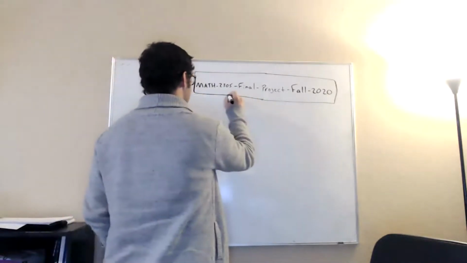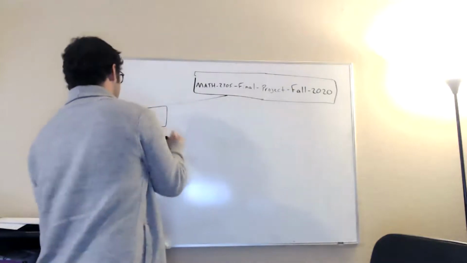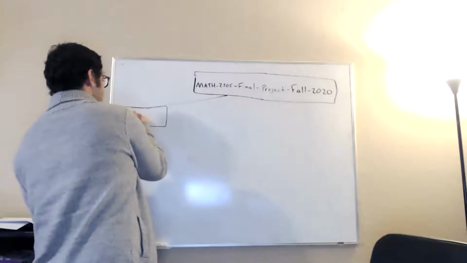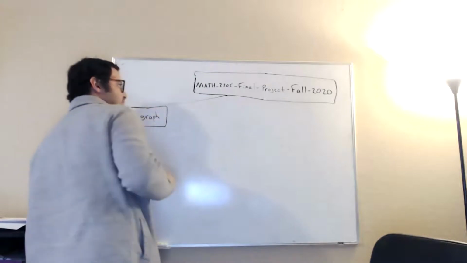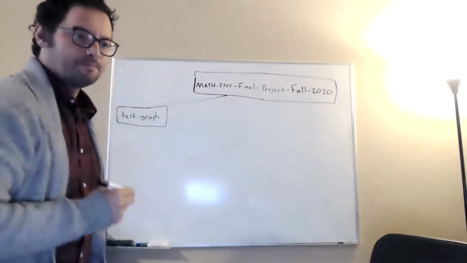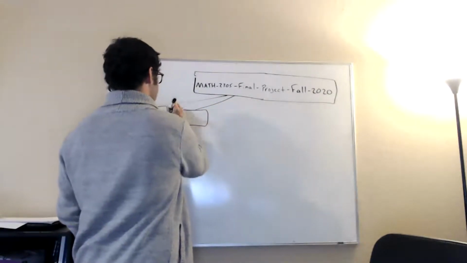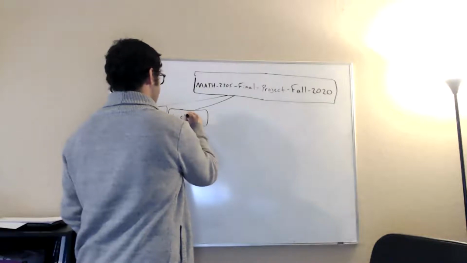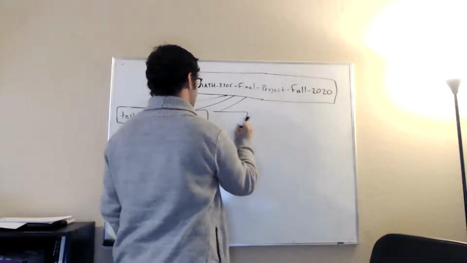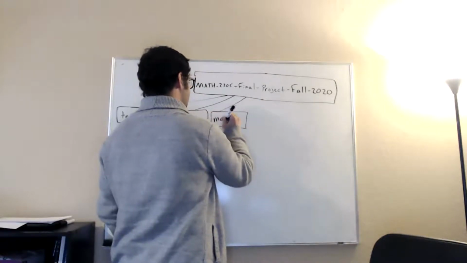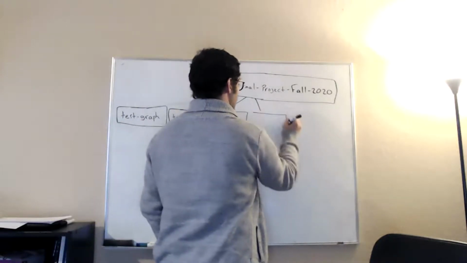And then inside of here, we're going to have several scripts and folders. So there'll be one folder called test graphs. And this is going to store all of your adjacency lists or your edge lists that you're going to test your algorithms on. Then there'll be a test.py script. There'll be a main.py script. There'll be an algorithm script.